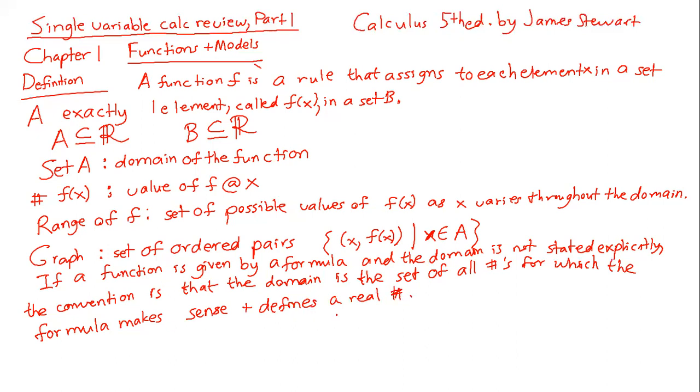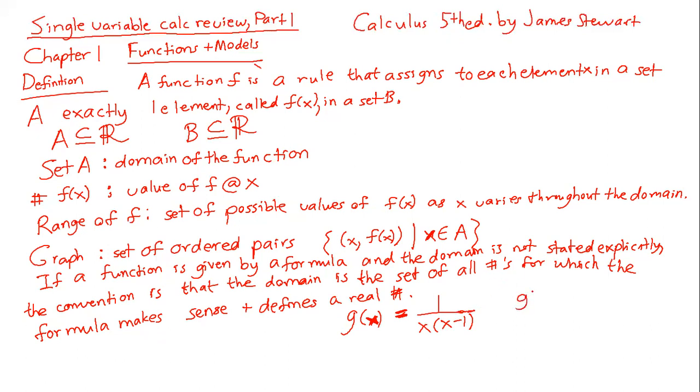So for example, if we take g of x, it catches these accidental marks. So g of x is equal to 1 over x times x minus 1. So division by 0 is not going to be allowed.